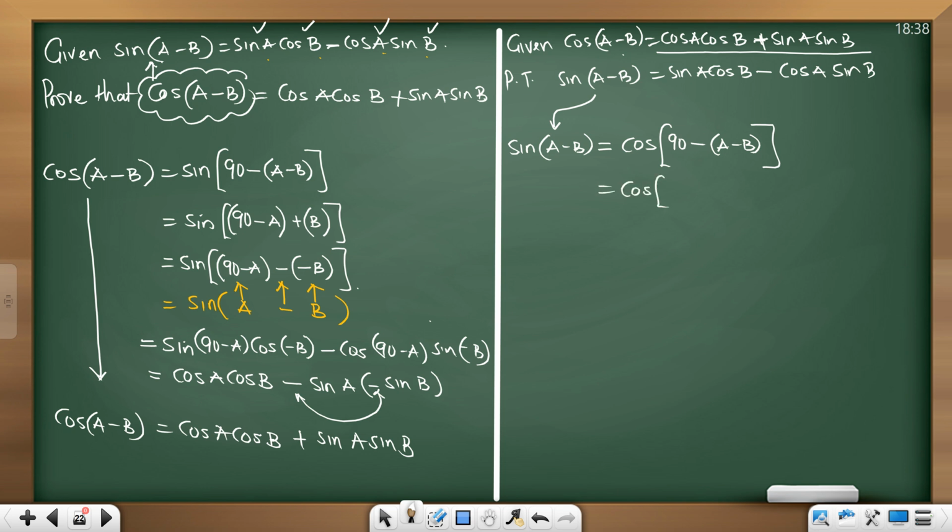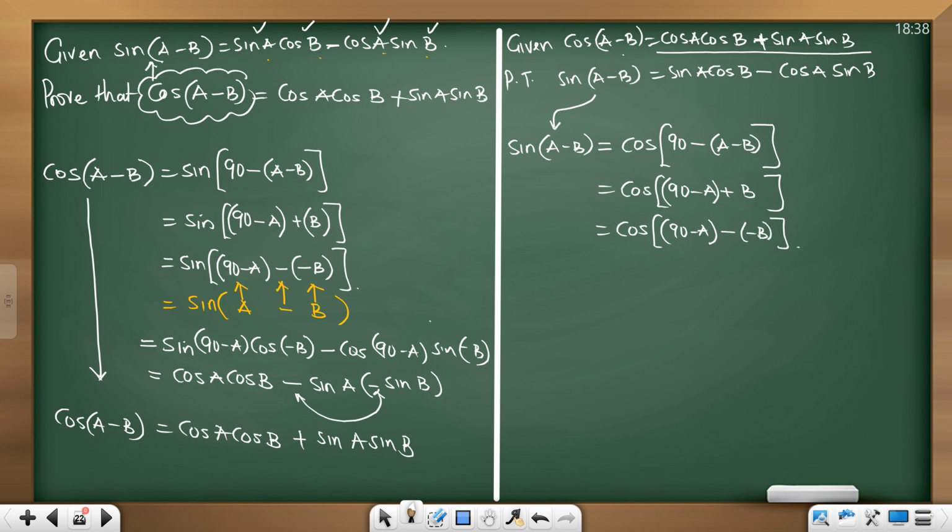Let's simplify. 90 minus A plus B. Instantly group that. But check what you have. I have cos A minus B. I want that operation to be what? A negative. So what would that be? Cos 90 minus A minus negative B.